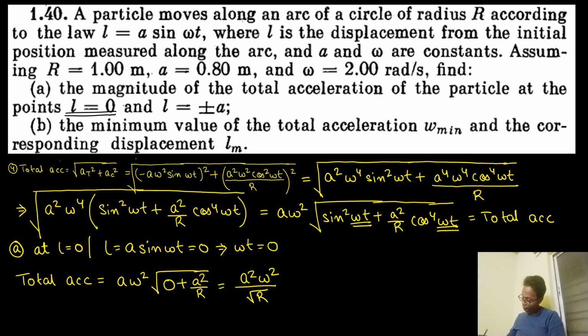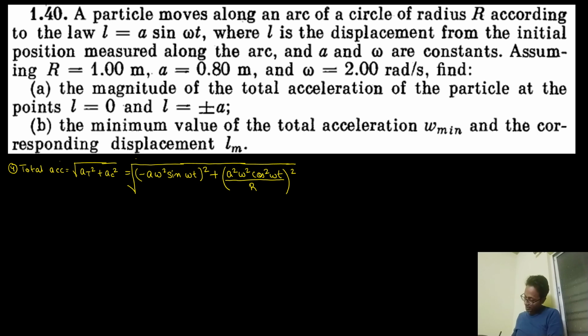There is a small error out here. This is r square, this is r square, this is r square. Out here also r square, and this would be r. So a square omega square divided by r.